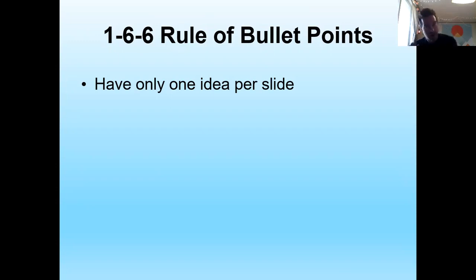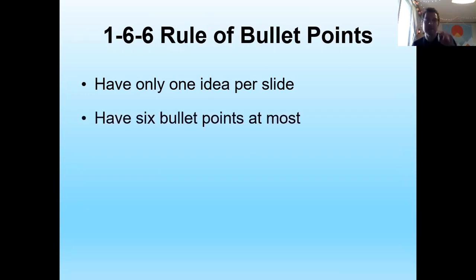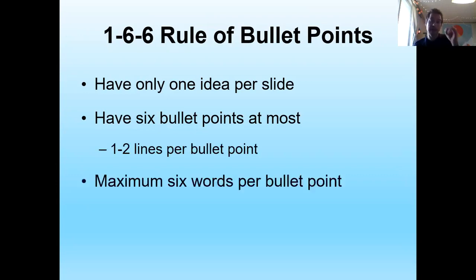So one idea per slide, 6 bullet points at most per slide, 1 to 2 lines per bullet point, and maximum 6 words per bullet point.